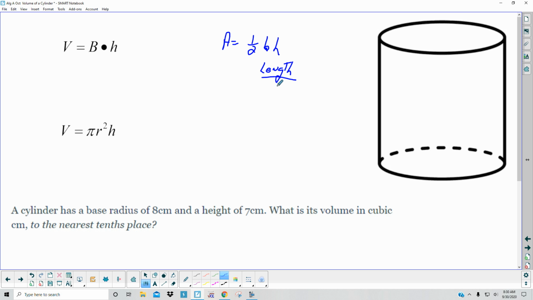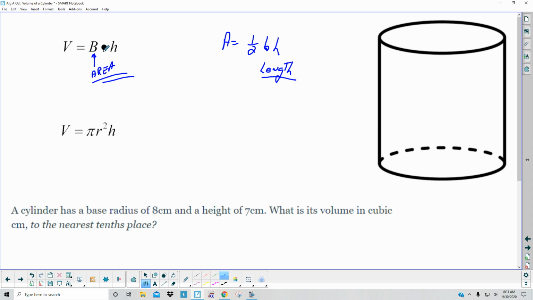Uppercase B isn't a length. It's an area. I'm not trying to confuse you with it. I'm just trying to talk you through that the case of a letter conveys information.